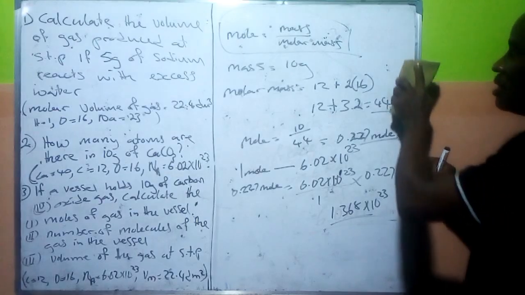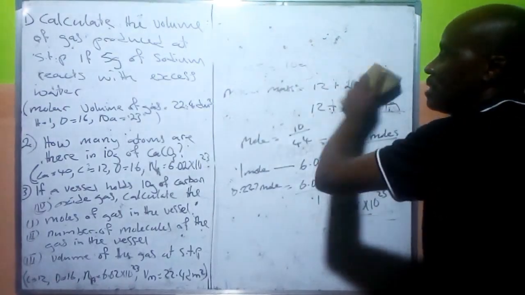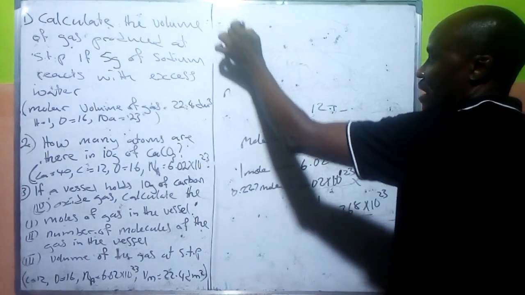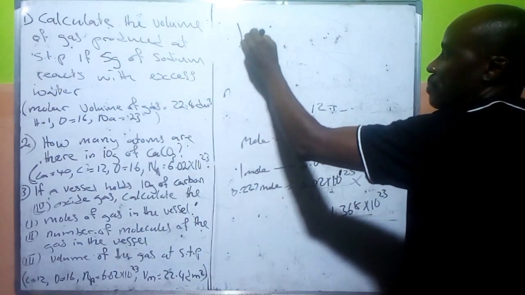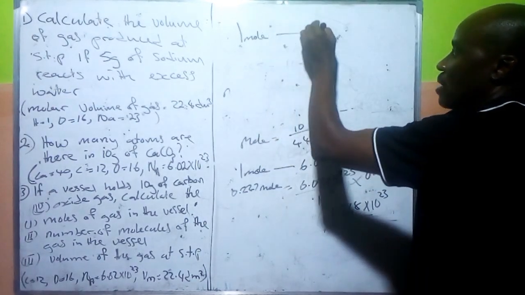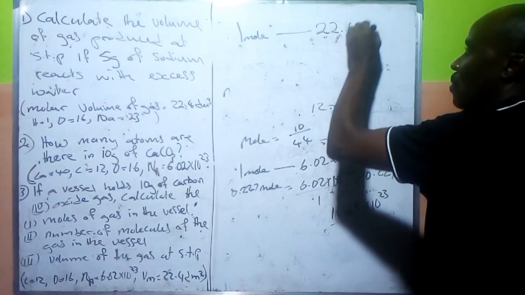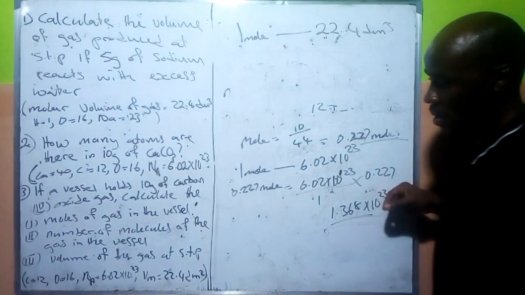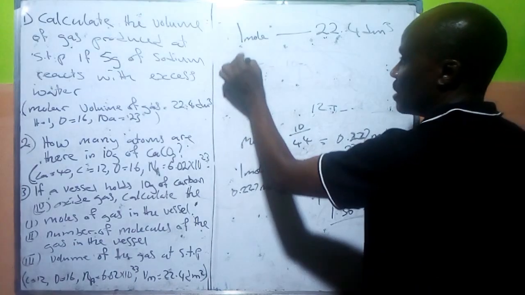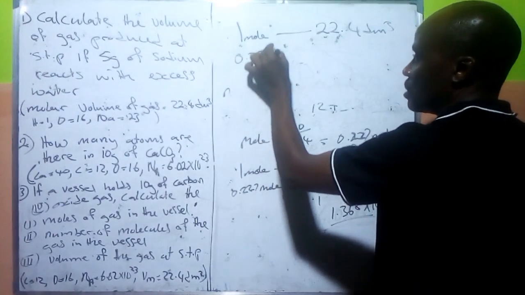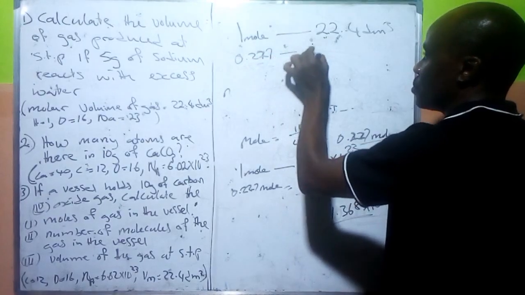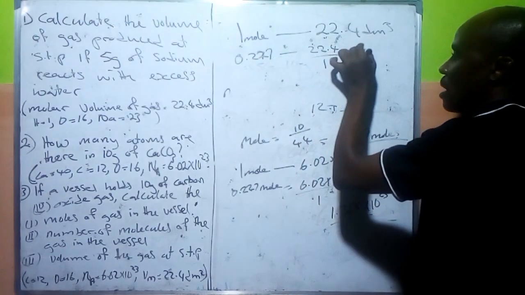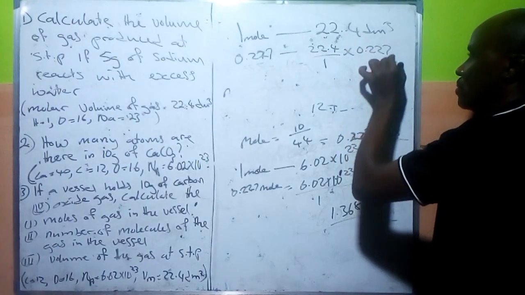At STP, 1 mole of every gas contains 22.4 dm³. Then the mole that we have will be, at STP, 22.4 over 1 multiplied by 0.227.